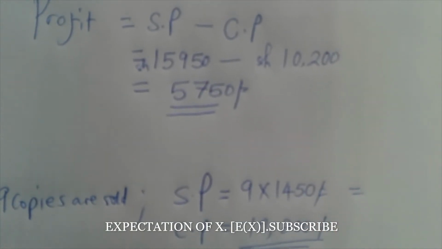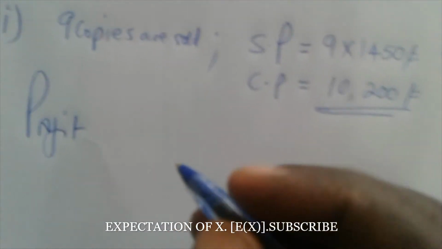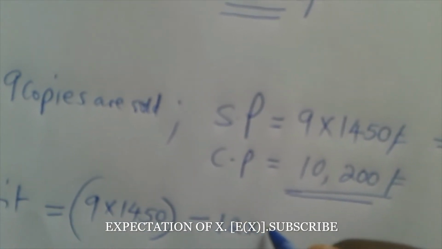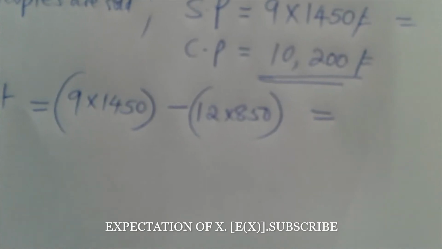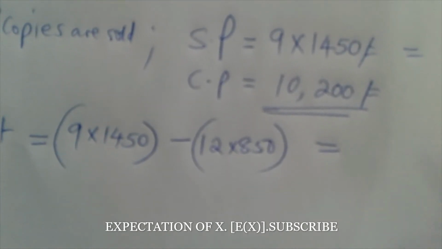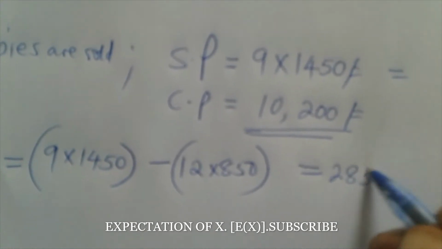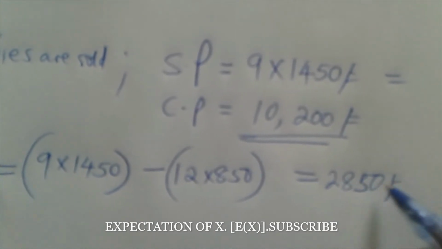So the profit made when 9 copies have been sold shall have a selling price of 9 times 1,450 minus a cost price of 12 times 850, and using your calculator, this profit gives 2,850 shillings.